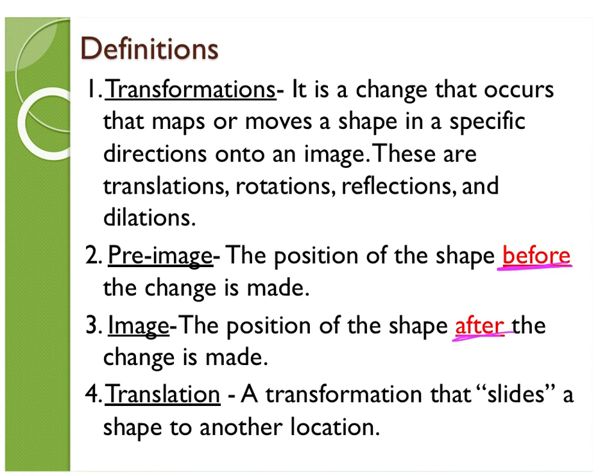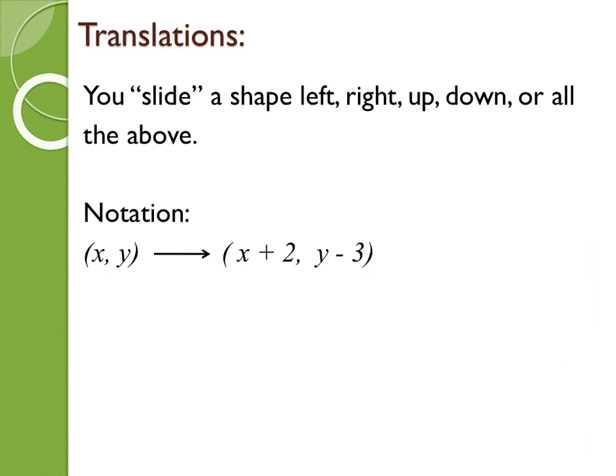And a translation is a transformation that slides a shape to another location. So we go up, down, left, right. These are translations. You slide a shape left, right, up, down, or all the above.